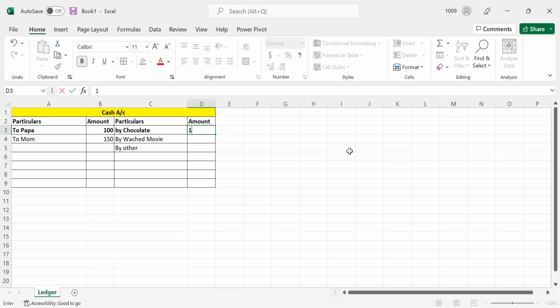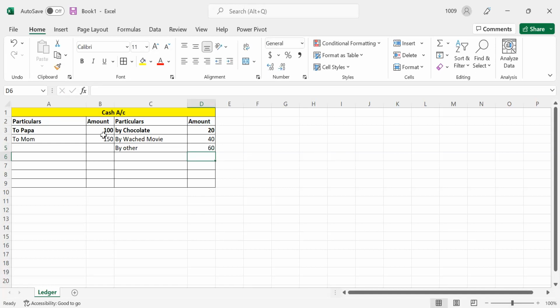Let's say you spend $20 on chocolates, and $40 on a movie that you went to with your friends. Then other expenditure, for example, $50 or maybe $60, right?